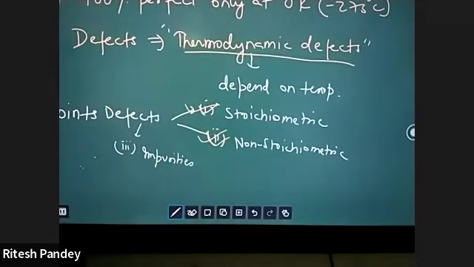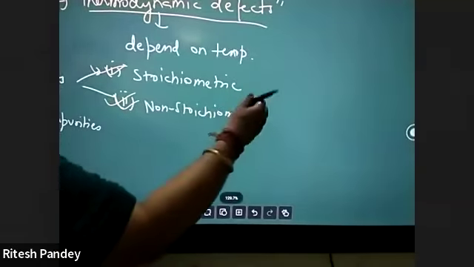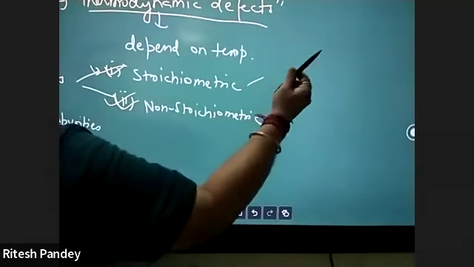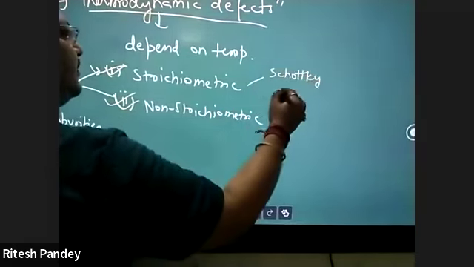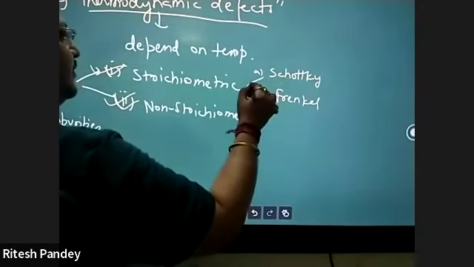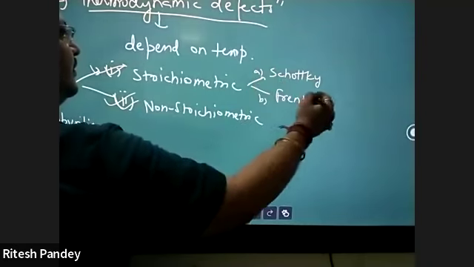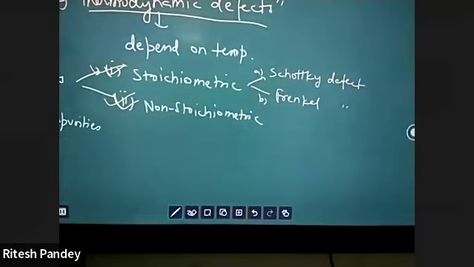Stoichiometric defects, again, the two prominent ones are the very popular Schottky and Frenkel defect. I hope you're noting it down.